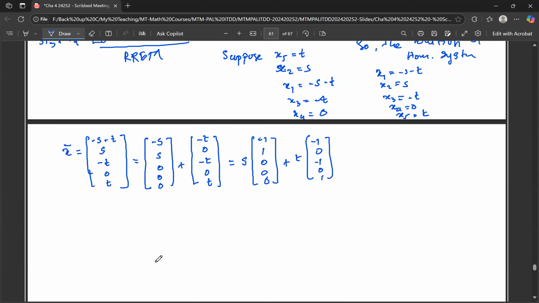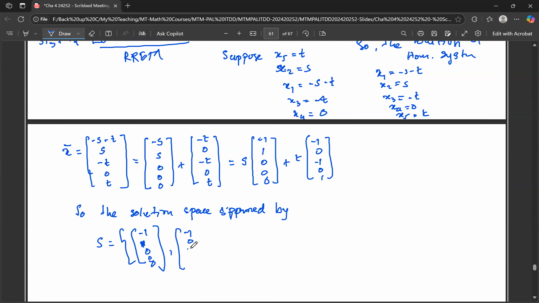So the solution space is spanned by two vectors: minus 1, 1, 0, 0, 0, and the second is minus 1, 0, minus 1, 0, 1. This is the candidate basis for S.